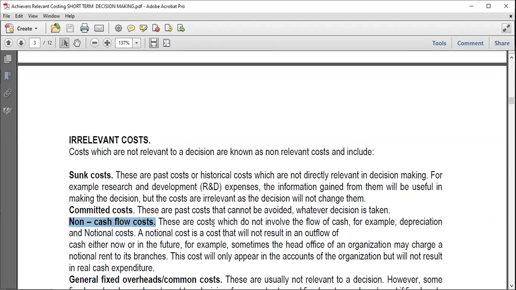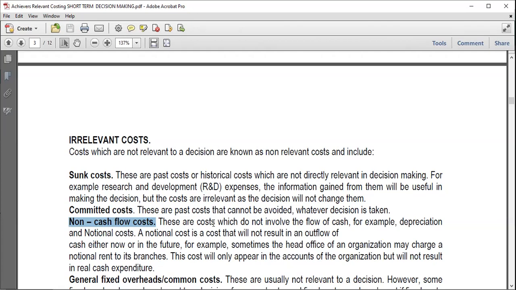If I'm a management accountant for, let's say, Stanbic Bank, and today we are trying to allocate maybe the salary of the CEO. What will happen is we shall charge, let's say, 10% onto branch A and 10% onto branch B and 10% on another branch.